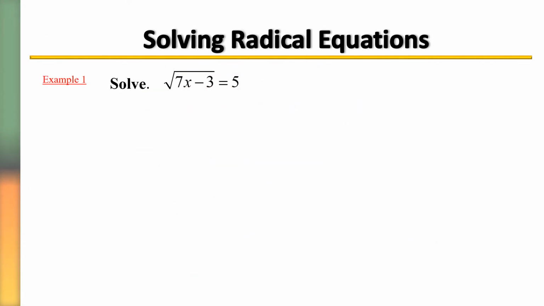Let's do some practice. Example 1. What is the first step I need to do here? Well, our radical is all by itself, so we don't have to worry about having to get it by itself. So the next step then would be to get rid of the radical symbol. And remember, we have to do the opposite.